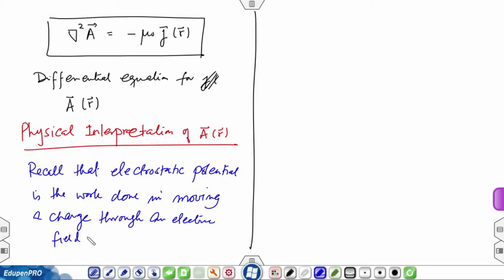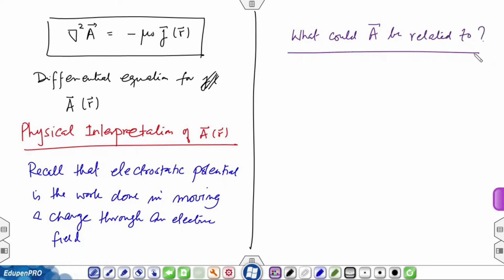There is no such interpretation for vector potential. However, you can get some idea about what it could be related to. So, what could A be related to? I am asking this question, and for this I will do dimensional analysis.